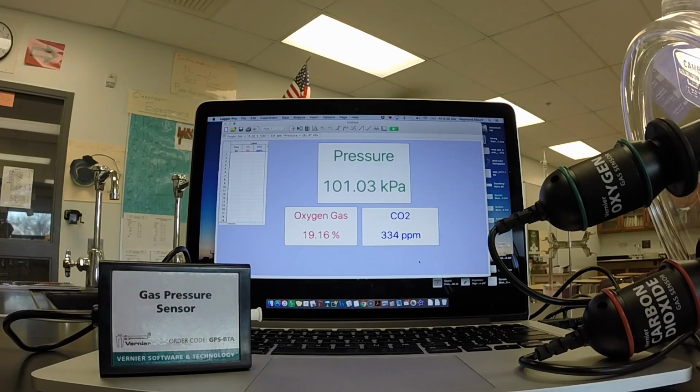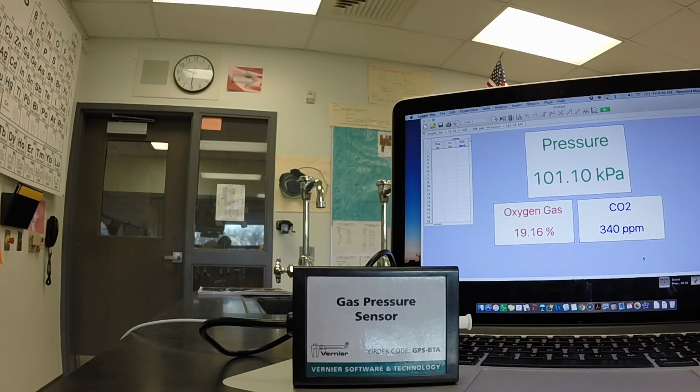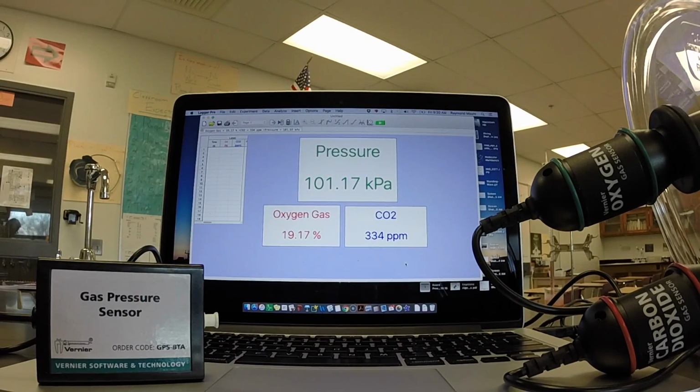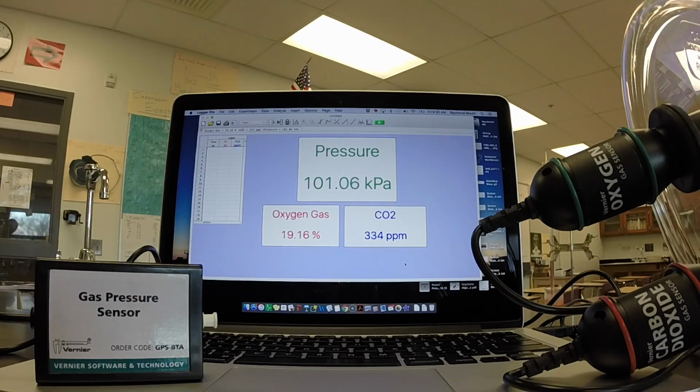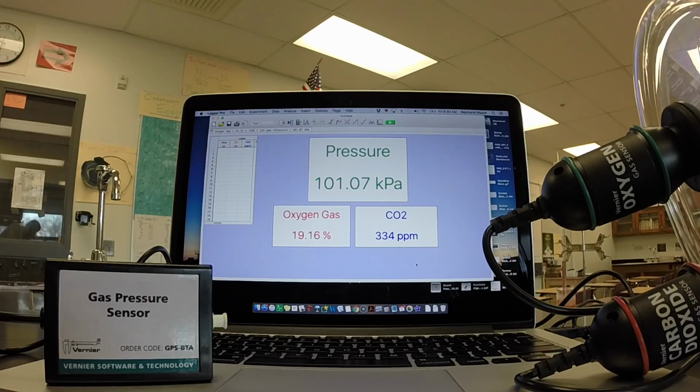To do that, we have a gas pressure sensor, basically a barometer measuring total atmospheric pressure. Remember that our atmosphere is a mixture of gases, mostly nitrogen and oxygen, some carbon dioxide, and then an assortment of other gases, including argon and other noble gases, water vapor, things like that.